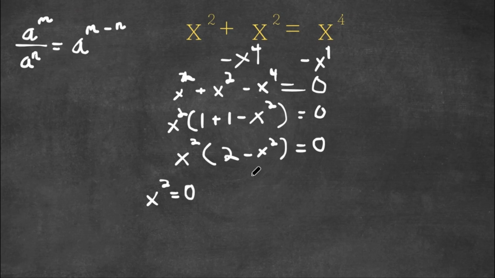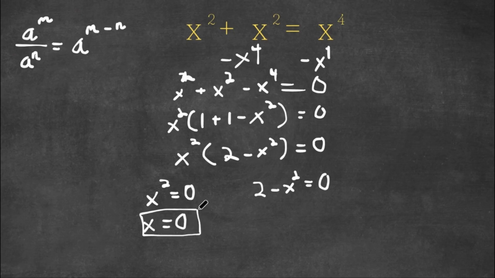And our second equation is 2 minus x squared is equal to 0. Now for x squared equals 0, well, this is simple. The only number that when squared equals 0 is simply 0. So for this, we have x is equal to 0.